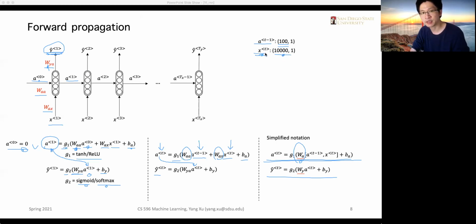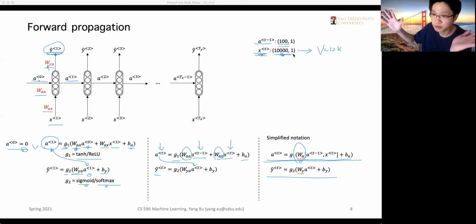Remember this 10,000 is correlated to the way we construct xt. If we use a vocabulary of 10K to construct one-hot encodings, then xt will be 10,000. It could be even longer or shorter. This is not fixed.